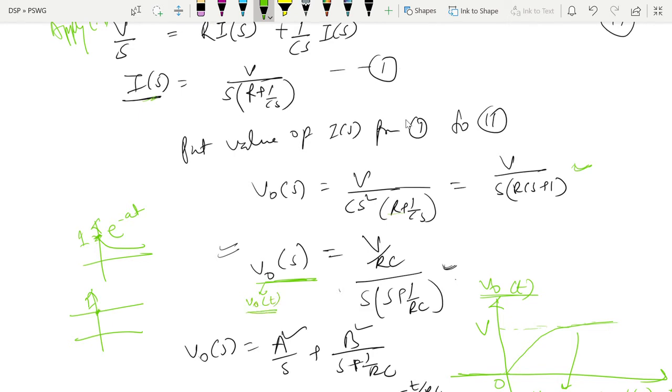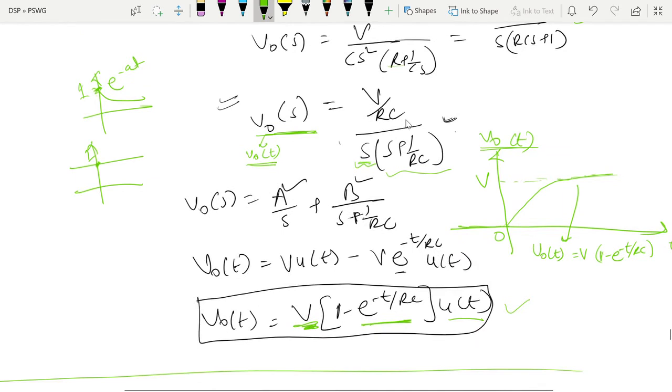We have to do the inverse Laplace transform. For this, there is S and S plus 1 by RC in the denominator, so we use the partial fractions method. We separate it as A by S plus B by S plus 1 by RC, and after getting the values of A and B, we get V and minus V.